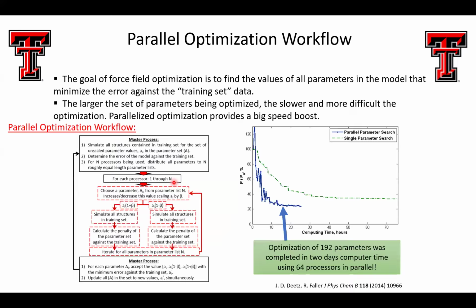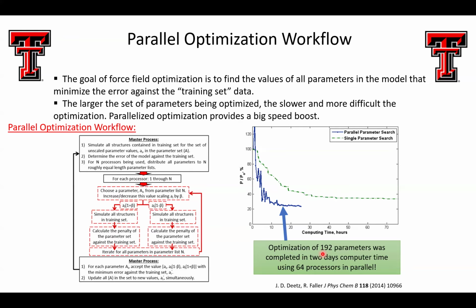So it's a workflow which was developed by my graduate student Josh Dietz in 2014. In this case, we have the additional problem, as I said, that it's a very high dimensional problem, particularly in reactive force fields. So we have 192 parameters in this case, which were optimized. So you have a 192 dimensional optimization space. You want to do that, if possible, in parallel.